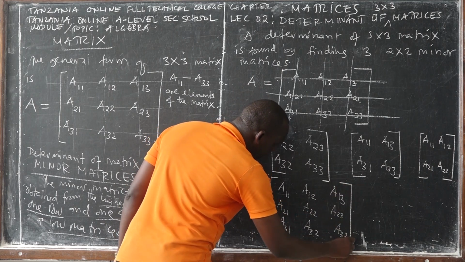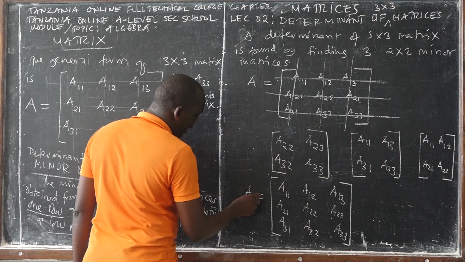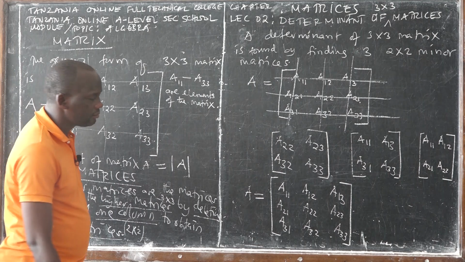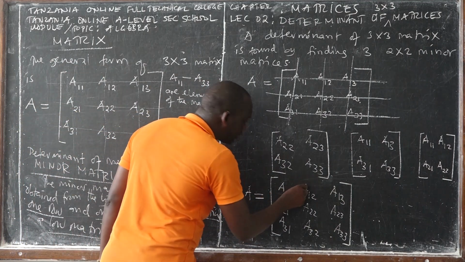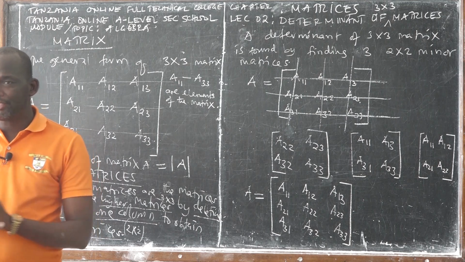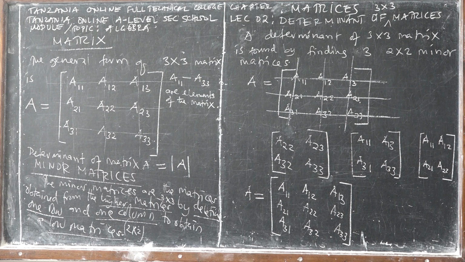Then let us find the determinant of matrix A. To find the determinant of matrix A, we have to use the concept of minor matrix, and also the concept of plus and minus.